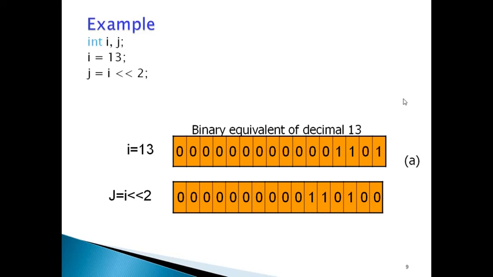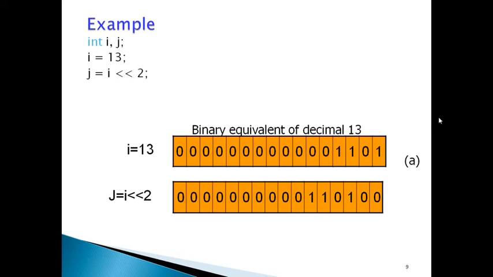In the third instruction, we are performing the left shift operation. That's why it moves the bits to the left side, and it ignores the bits lost on the left side.